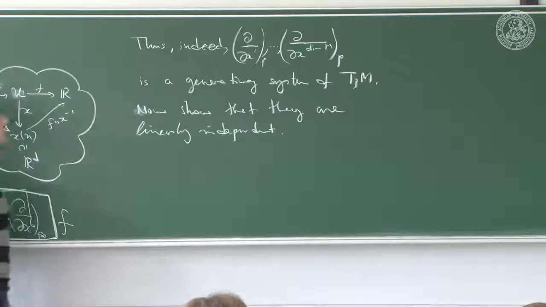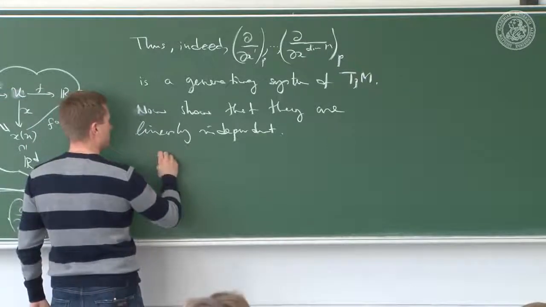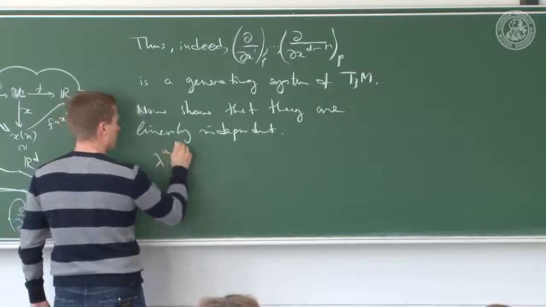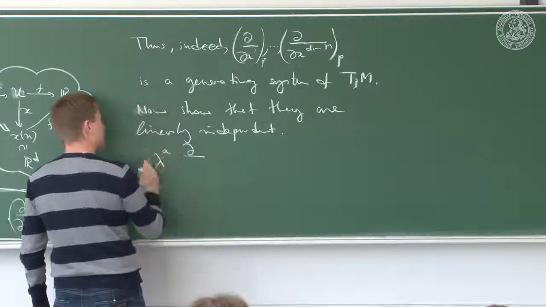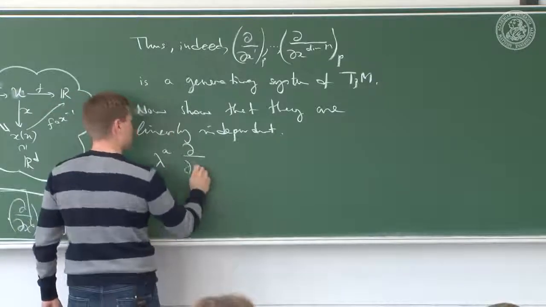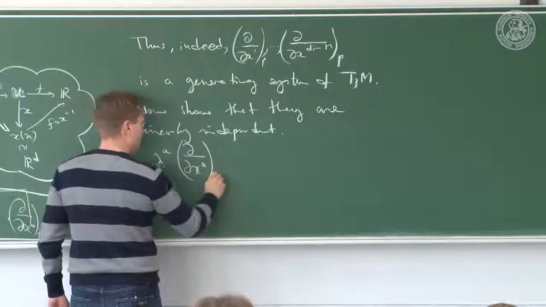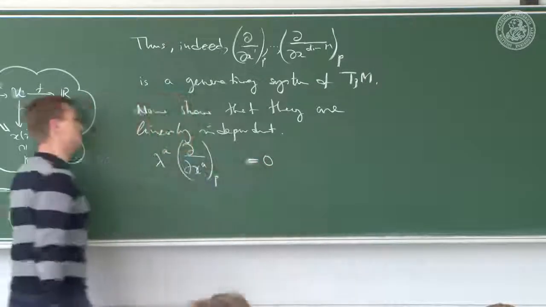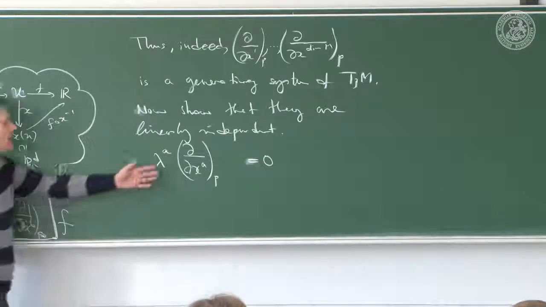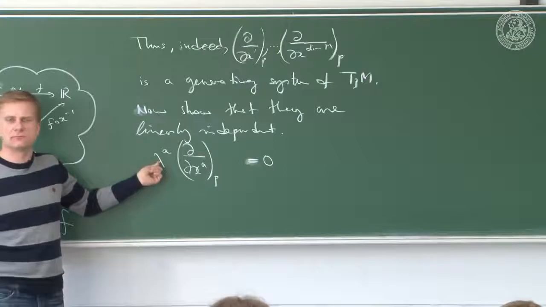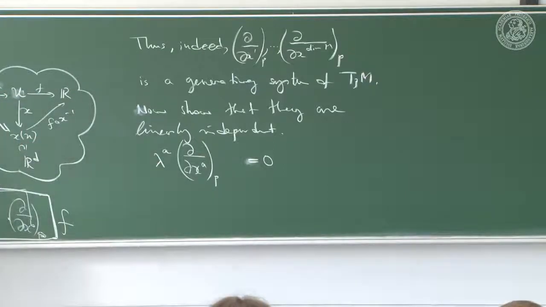Well, we consider lambda^a d by dx^a at the p-th point, and we assume this is 0, and if they're linearly independent, we should be able to show that every one of the lambdas is 0, right? Now, how do we show this?